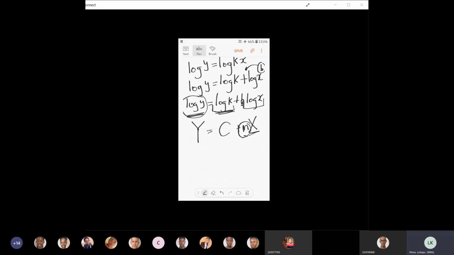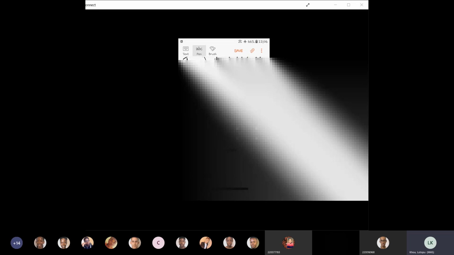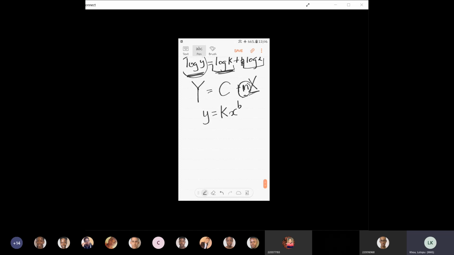So if I want to plot the graph y is equal to kx^b as a straight line, what I must do is plot log y is equal to b log x plus c. When I plot this, I will actually get a straight line.